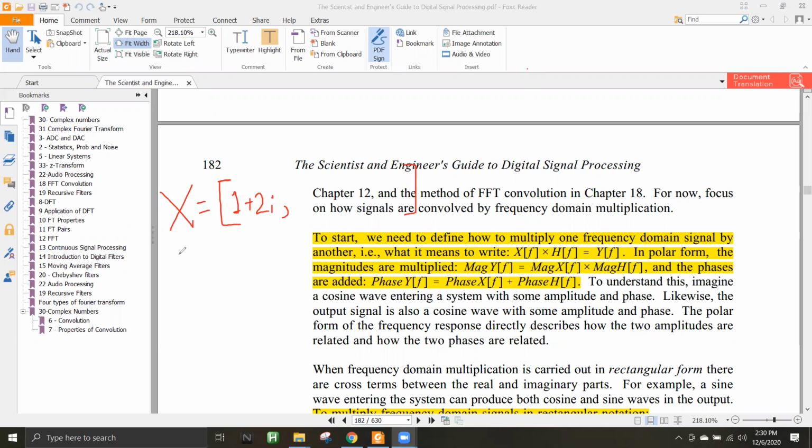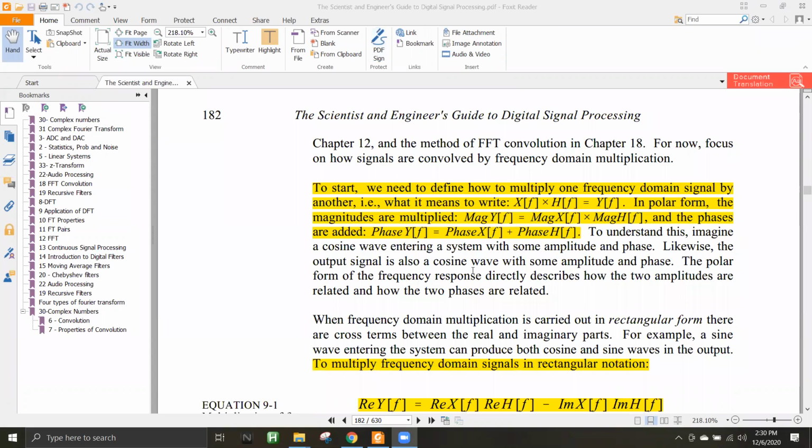So how are you going to multiply complex numbers? We already know from our intermediate level mathematics how complex numbers get multiplied. In the polar notation, this is easy, but in the rectangular notation, it's a bit tougher. In the polar notation, when you multiply two complex numbers x and h to get y, the magnitude of y would be simply found using the product of the magnitudes of x and h.